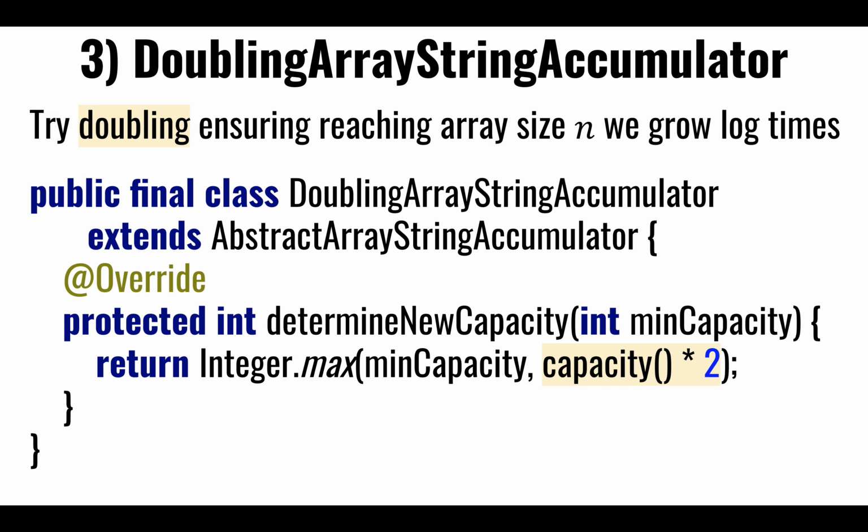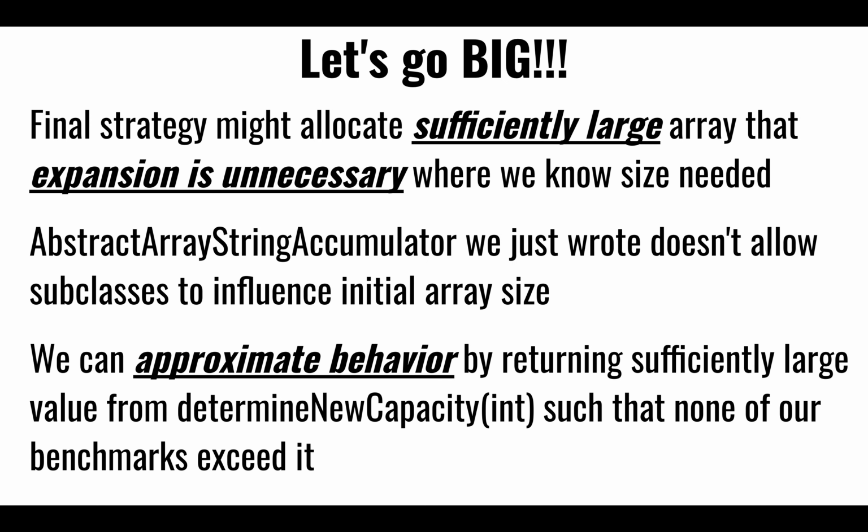So this is our first successful attempt at bringing down the quadratic. It's going to bring it down to almost linear. We'll see in the benchmarks that this is our first success at bringing that performance curve down to linear.